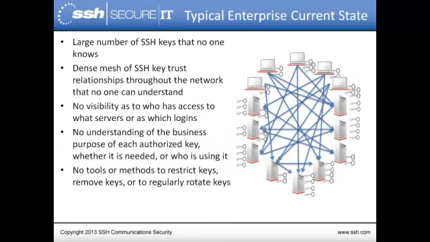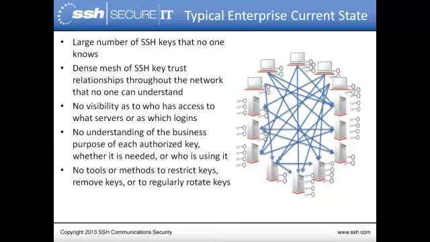So, summing it up, in a typical enterprise's current state of affairs, there's a large number of secure shell keys that no one knows about. There's a dense mesh of key trust relationships throughout the network that no one has a full understanding of. There's a lack of visibility as to who has access to what servers and who they are allowed to log in as on those servers.